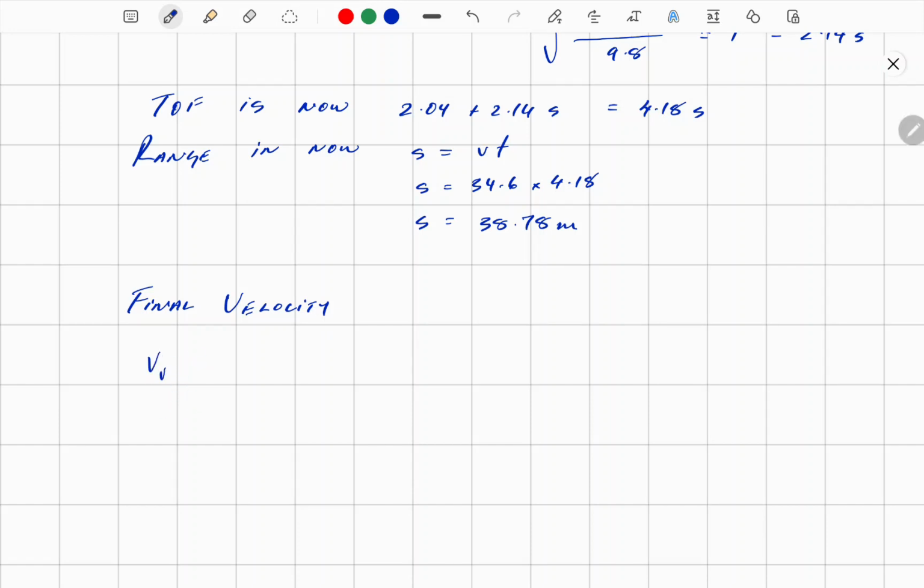To do this, we're going to substitute in our new height of 22.04 meters. Now, as it's falling, the initial velocity was equal to 0, so that cancels out. Substitute, rearrange, usual protocol.